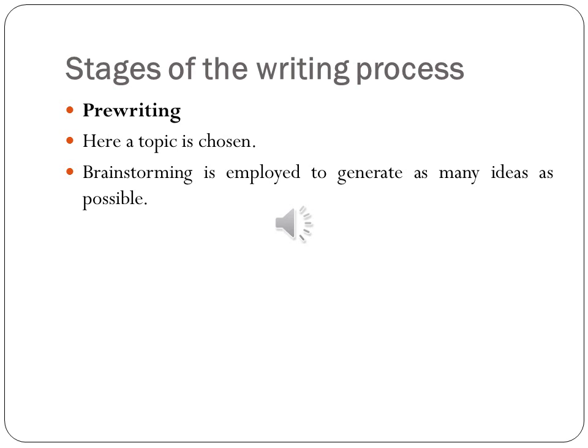Here we come to the stages of the writing process. Here we have pre-writing, and under this stage a topic is chosen, and then brainstorming is employed to generate as many ideas as possible. In this stage, students are given a topic, for example, or they are supposed to choose a topic, and they are asked to think of as many ideas as they could about the topic, and they write these ideas.